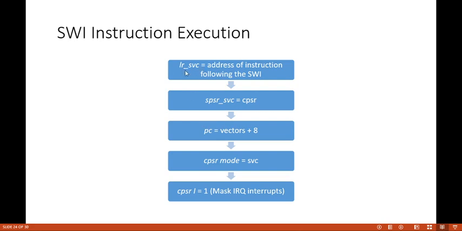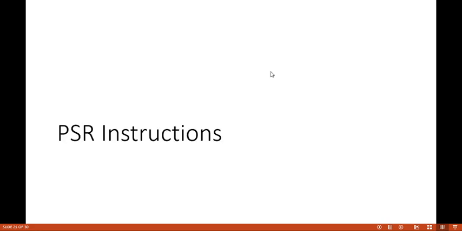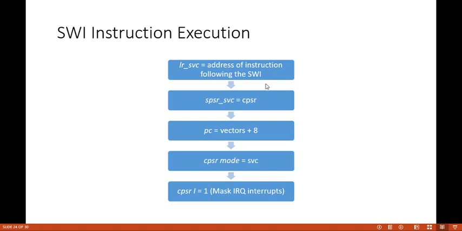First it will store the link register with the address of the instruction following the SWI. Then it will change the SPSR with the current processor status register. Then it will change the program counter with the vector table address. It will change the CPSR mode to supervisor. It will mask the IRQ interrupt.